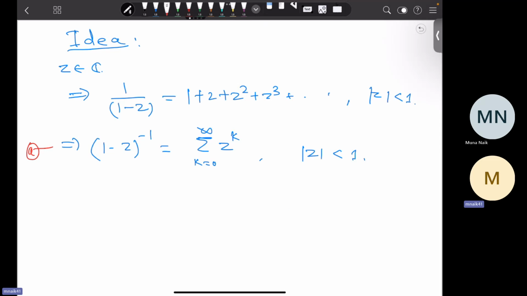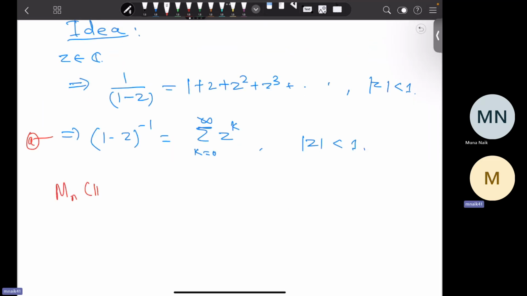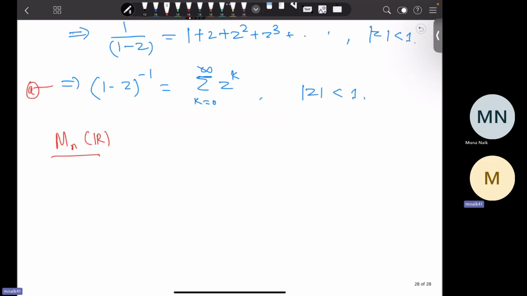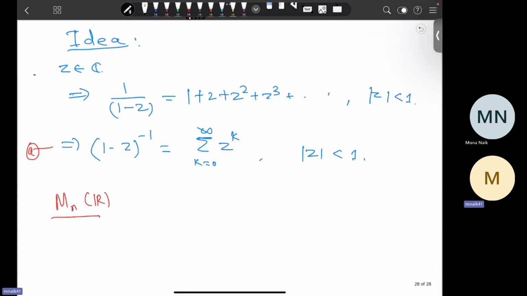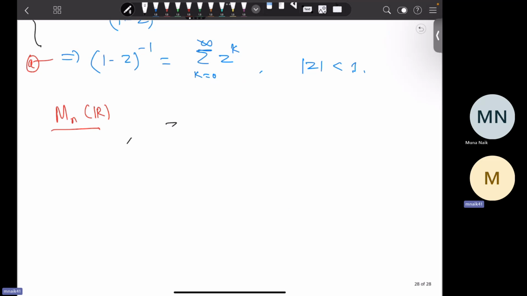So this happens for the complex plane. Looking at this thing A, we will get some idea for the M n R case. This is the thing for the complex plane case, and we want to imitate the same idea for M n R. Suppose Z belongs to M n R and norm Z is less than 1.